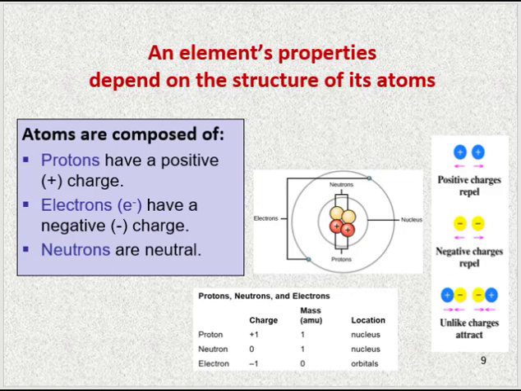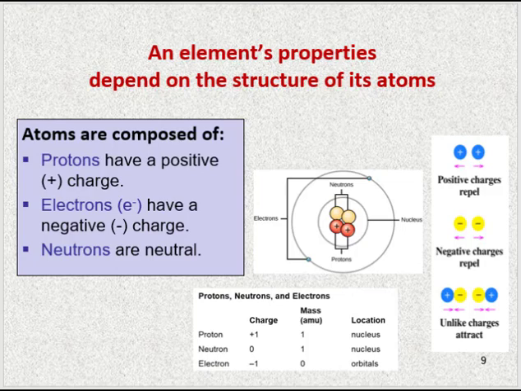Now, an element's properties depend heavily upon the structure of its atoms. The weight and overall charge of an atom can change drastically by adding or removing protons, neutrons, and electrons. Each atom is composed of a centralized nucleus containing protons and neutrons.